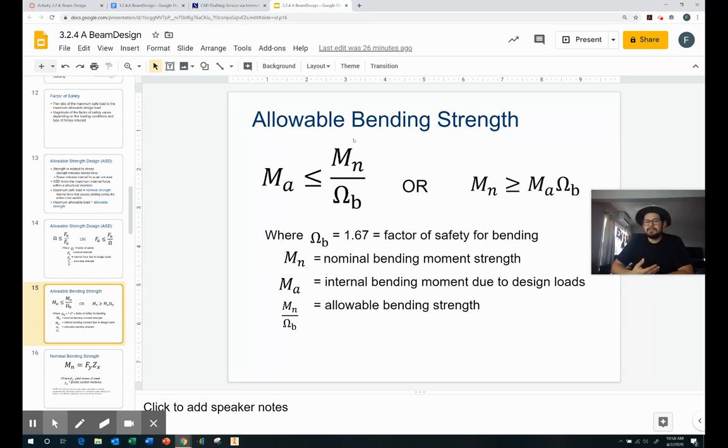So allowable bending stress. When we compare nominal bending moment versus allowable bending moment, what that means is what is the safety factor that we're considering. So in this situation, the ASD method tells us that bending moment has to be 1.67. What does that mean? It means that the safe load that the beam can hold has to be 1.67 times greater than the load that we should expect based on the given conditions.